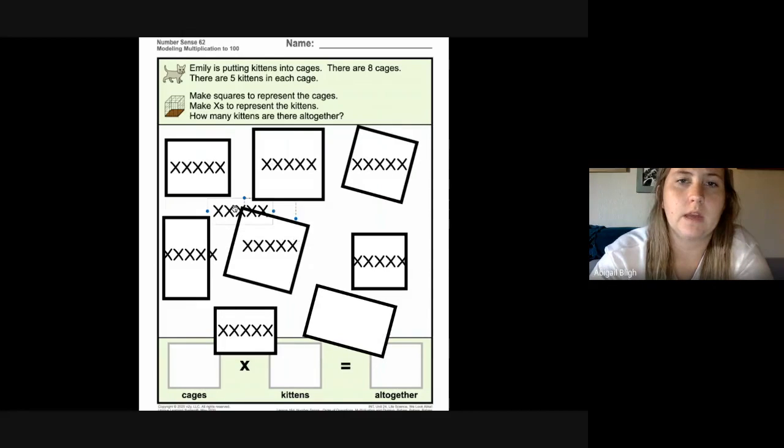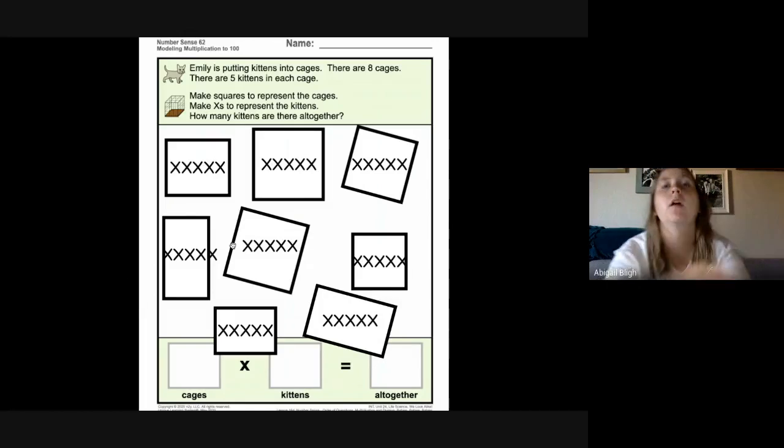Okay. And then it says how many kittens are there all together? I would know that by counting up all of the X's.